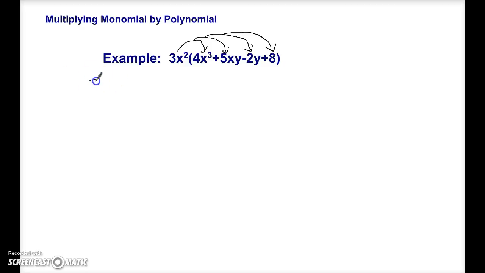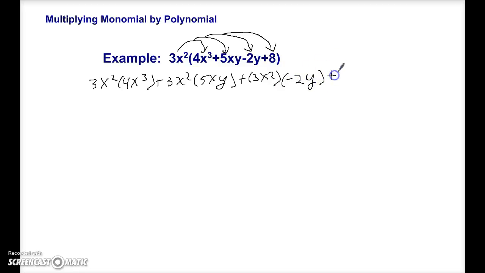So we will have 3x squared times 4x cubed plus 3x squared times 5xy plus 3x squared times negative 2y plus 3x squared times 8.